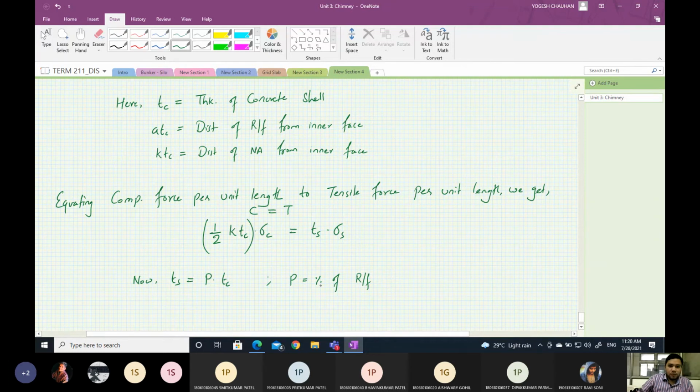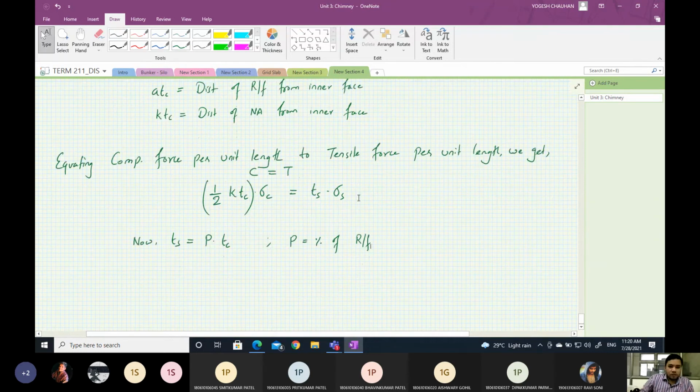We use the area of the steel as some percentage of the concrete section, say for example 1% of the concrete section.